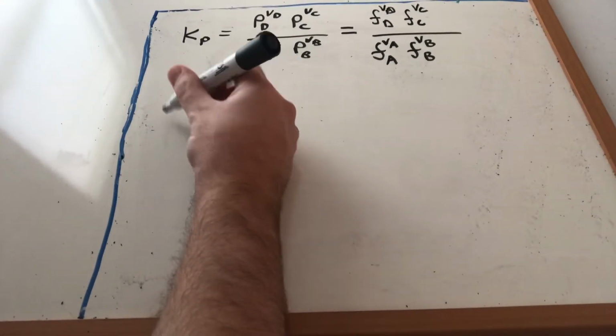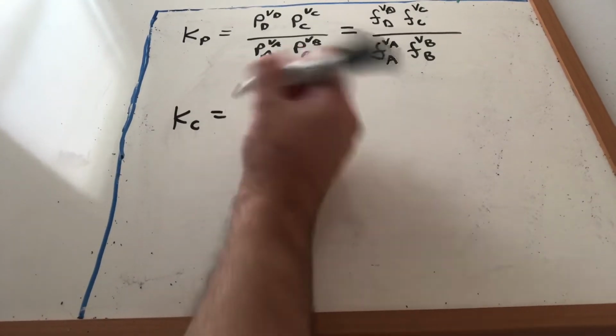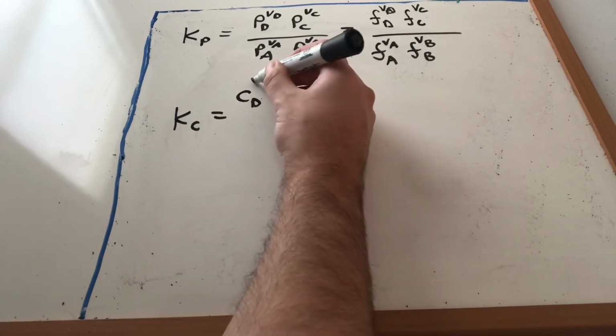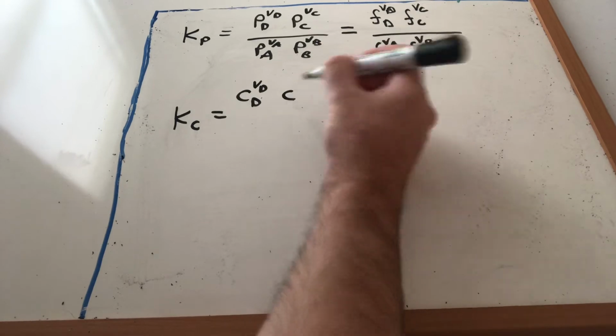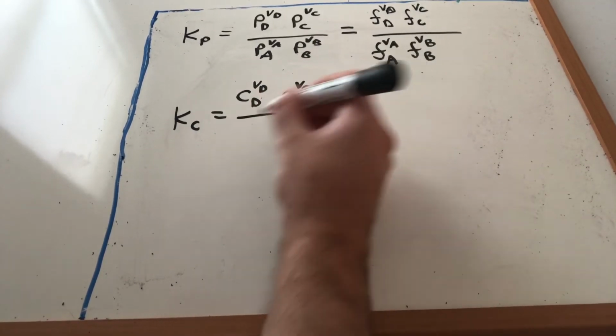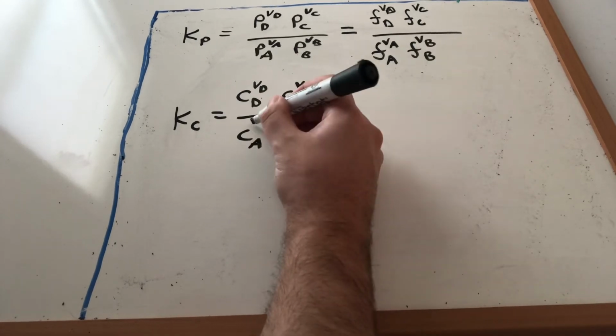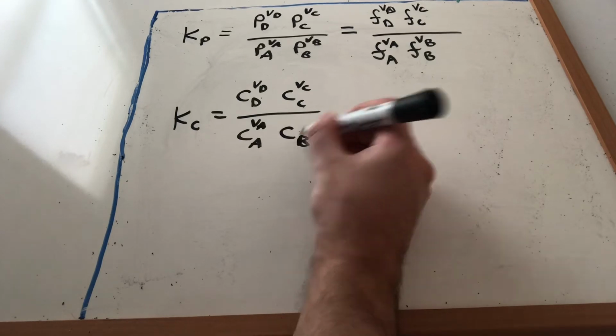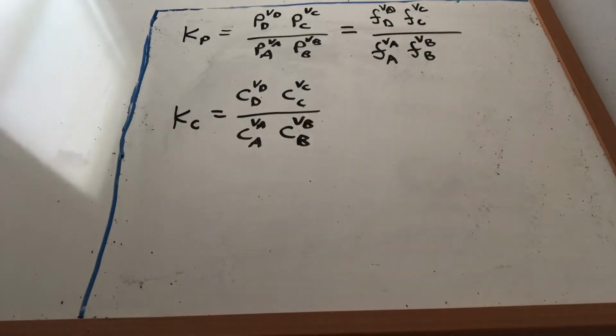All right, something from general chemistry: we have Kc. That's the concentration of a product raised to its stoichiometric coefficient, and the concentration of another product raised to its stoichiometric coefficient, over the concentrations of the reactants raised to their stoichiometric coefficients.